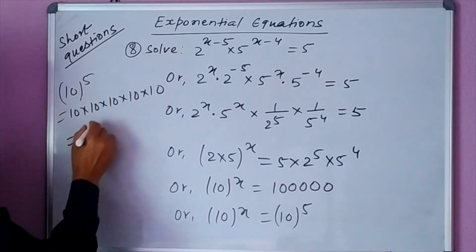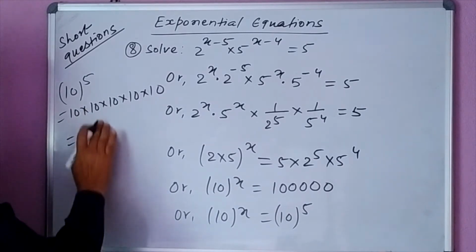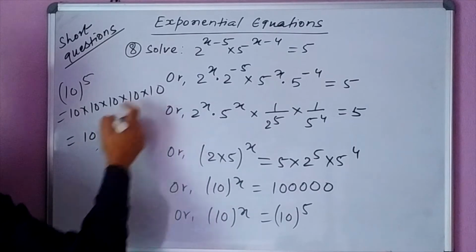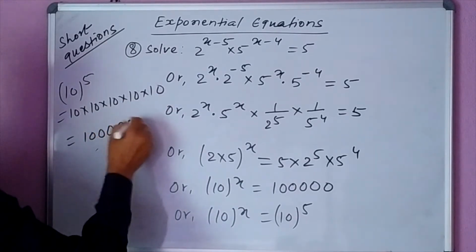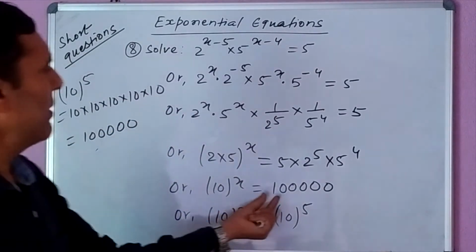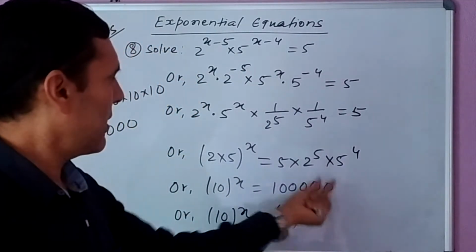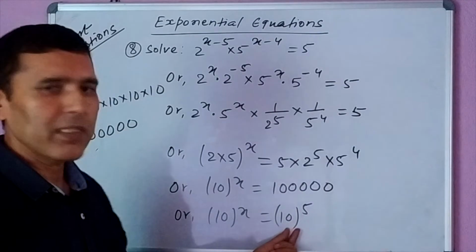That means for 1, how many zeros are there? 1, 2, 3, 4, 5.